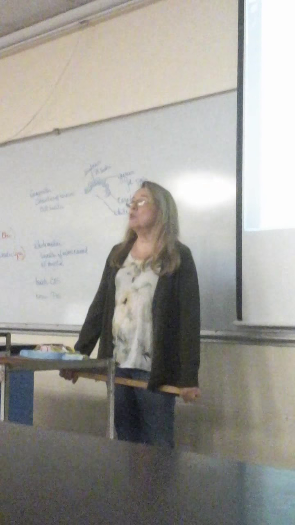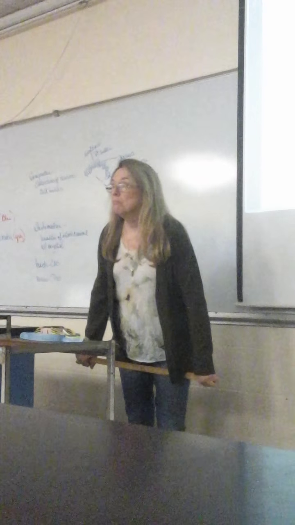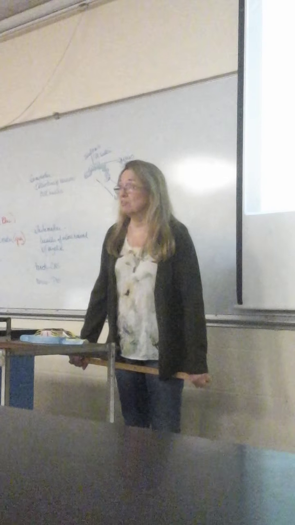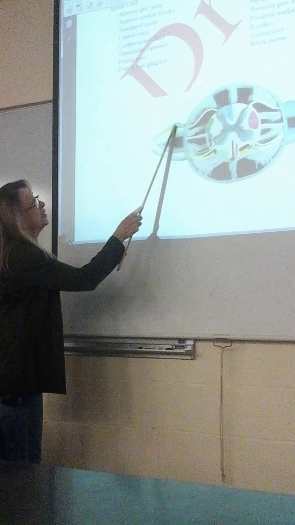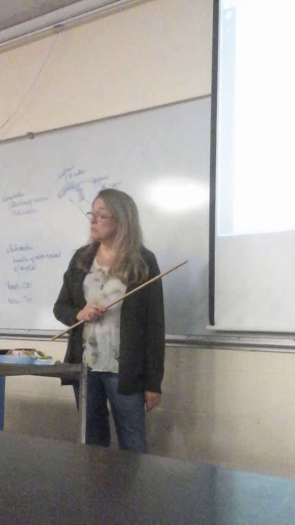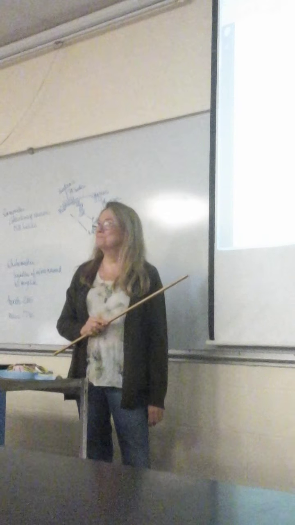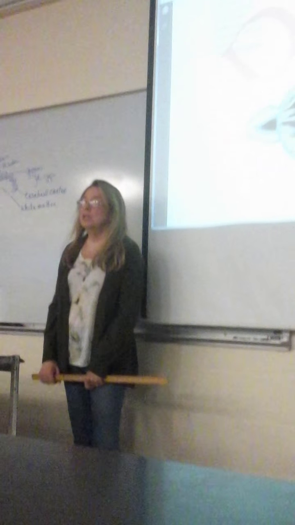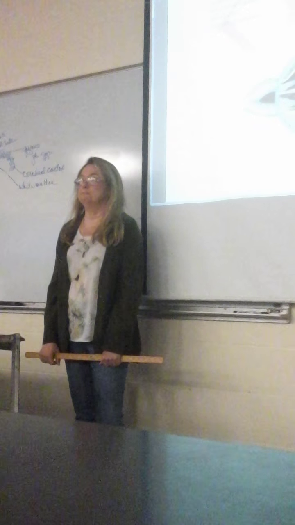It's a bundle of cell bodies, but it's in the peripheral nervous system, so it's not in the central nervous system. This is my ganglion, at the base of that spinal nerve. This yellow thickening here is my ganglion, and it's called the dorsal root ganglion.